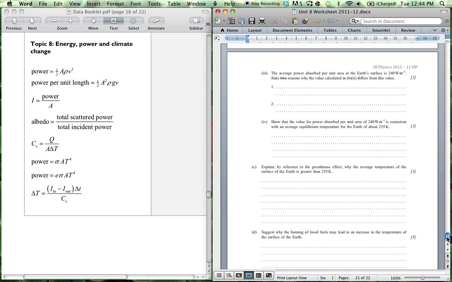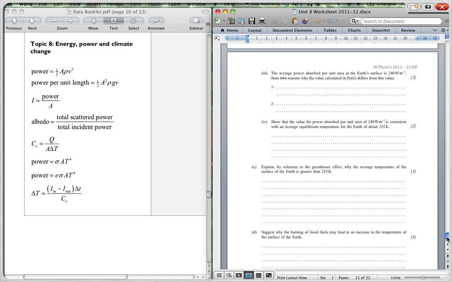It says now that the average power absorbed per unit area at the Earth's surface is 240 watts per meter squared. State 2 reasons why the value calculated in B2 differs from this value. So in looking at this, not all of this 1400 actually reaches the Earth.